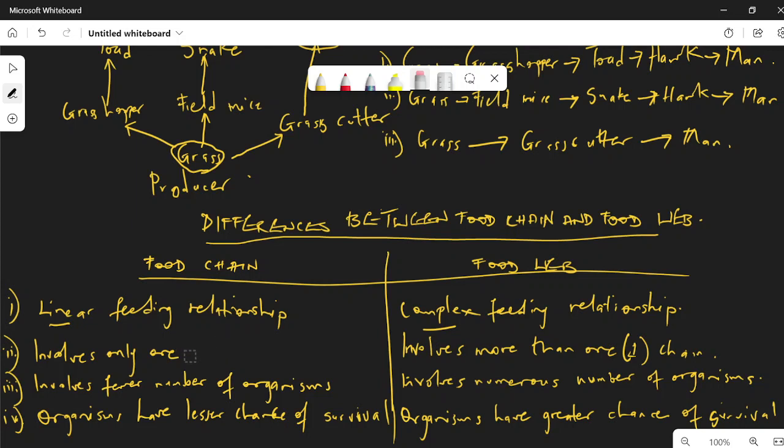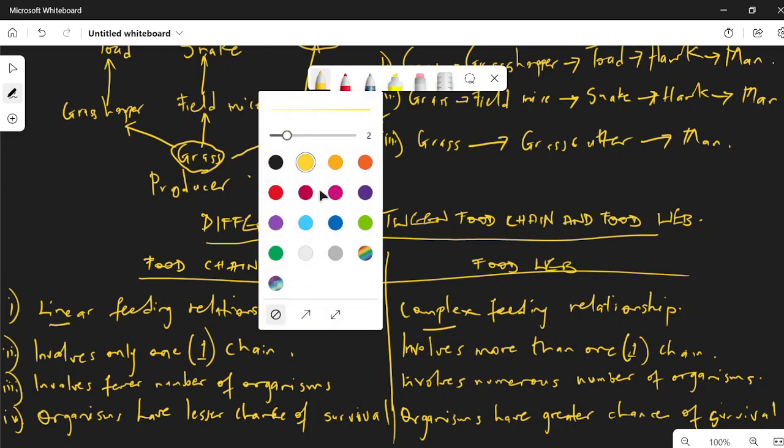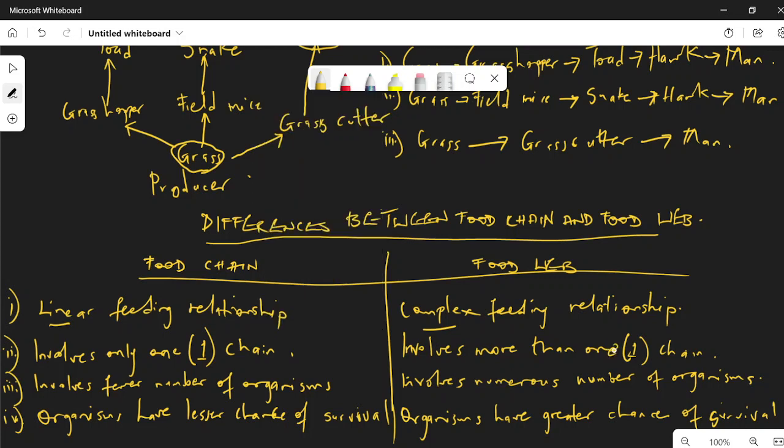Food chain involves only one chain, while food web can carry more than one.